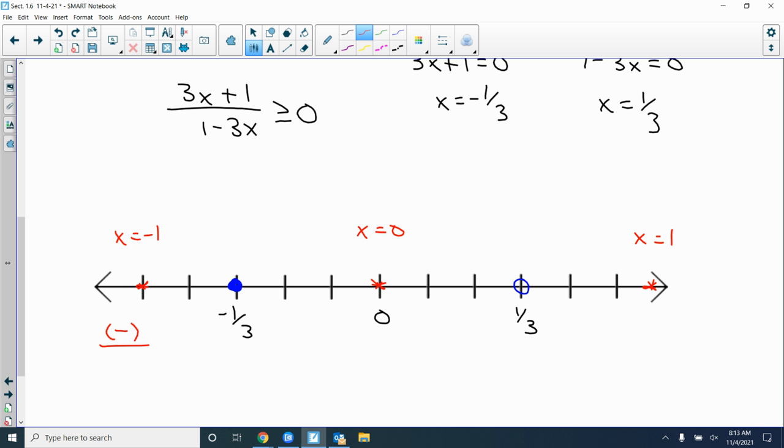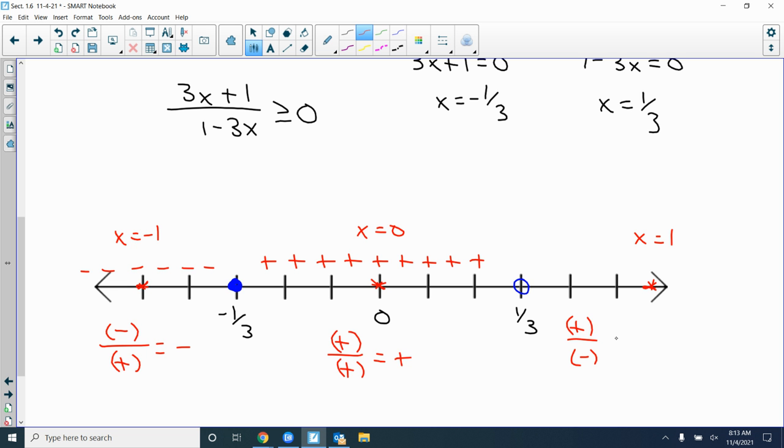Negative divided by positive is negative. Just don't be careless there, or the whole thing's wrong. So everything in here is negative. At 0, that gives me 1 over 1, positive over positive, so the final answer is positive. At positive 1, that gives me a positive over a negative, so it's going to be negative.